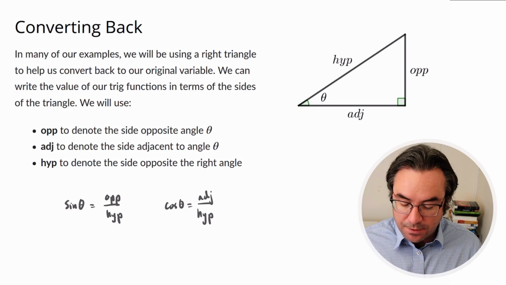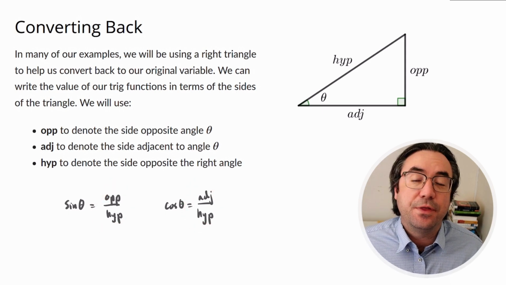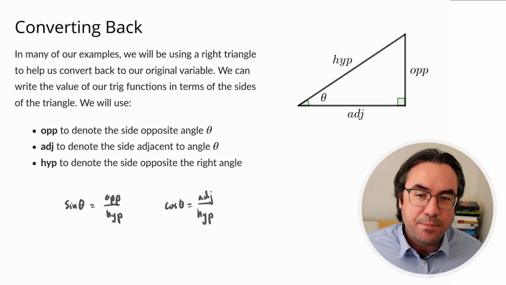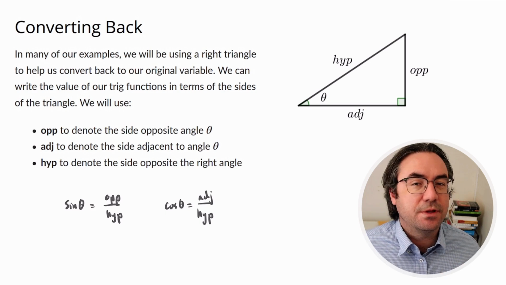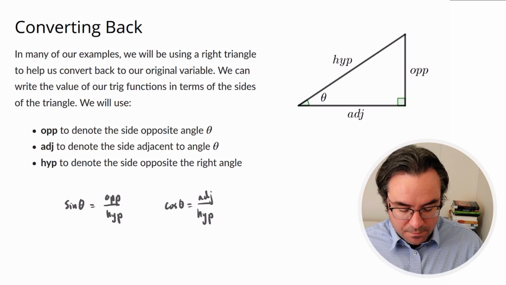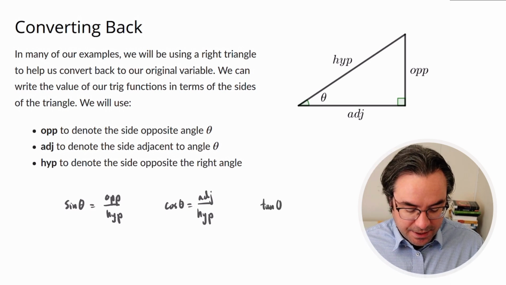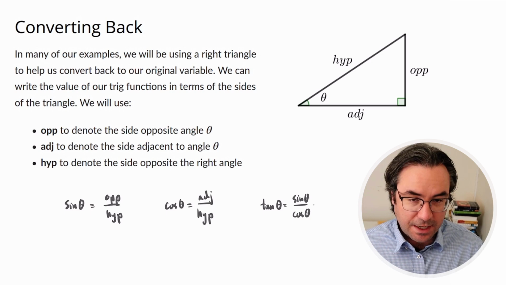Once you know what sine and cosine are, you can probably figure out what the other ones are based on the trig identity. So how is tangent related to sine and cosine? Tangent theta, remembering, is sine over cosine.